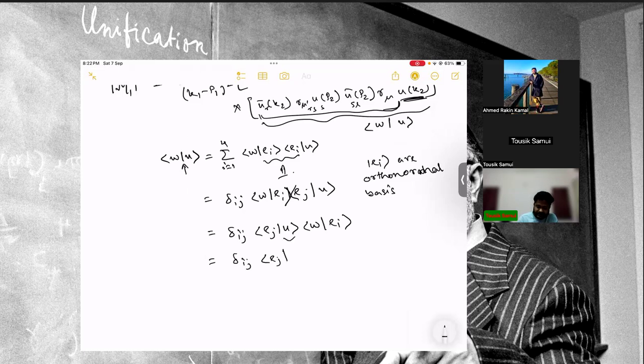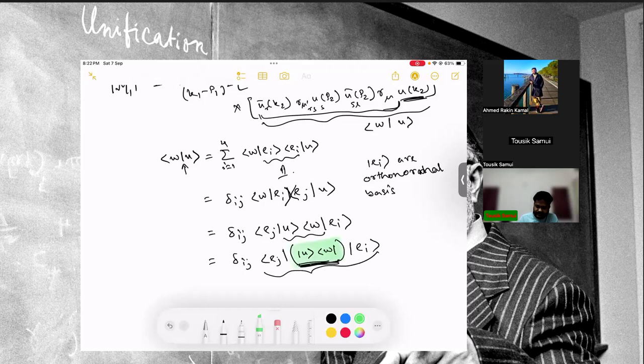Now this whole thing can be treated as an operator. So this we already see, and then contract. Now if you see the whole thing, this is nothing but the ijth element of this operator.